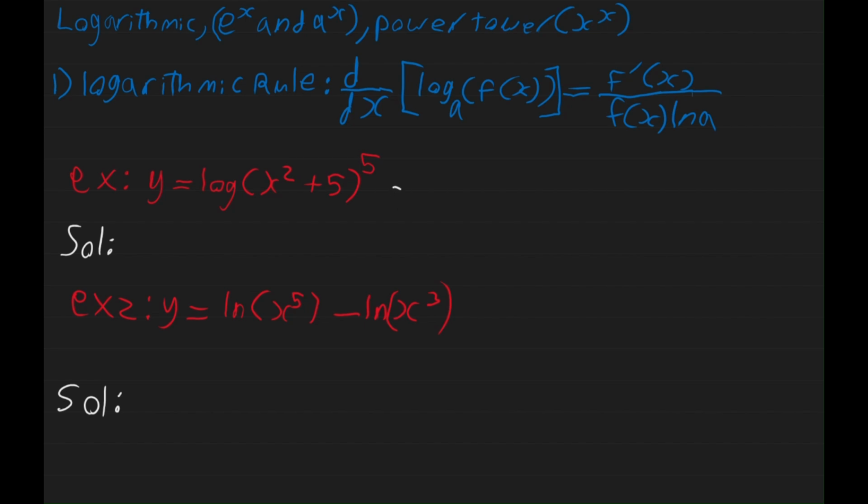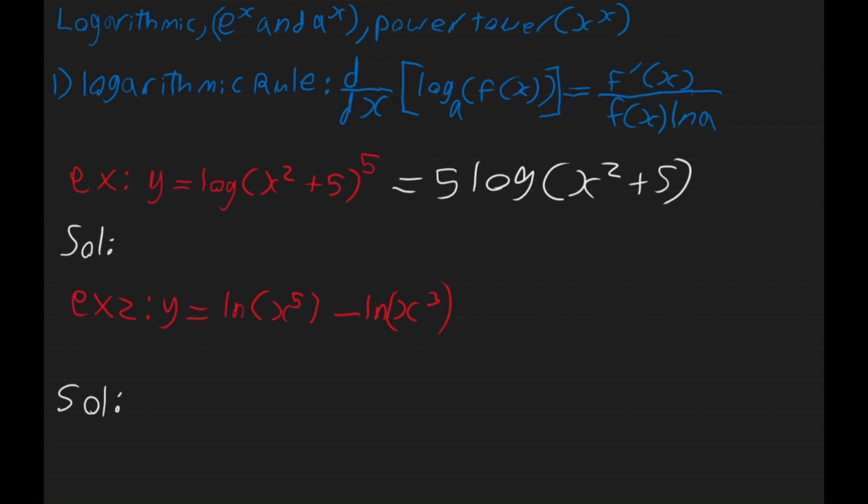We can see here that this is log x power 2 plus 5, with power 5. From the n rule, the last rule I said, we know that we can write it as 5 log x power 2 plus 5. That's it.